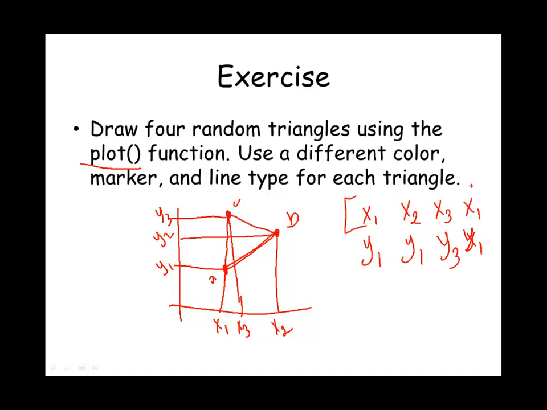So our x vector will be x1, x2, x3, and then back to x1. Our y vector will be y1, y2, y3, back to y1. Once we obtain these two vectors, we can call the plot function and it will draw our triangle. We can provide additional arguments to specify the color, marker, and line type for each of these triangles.